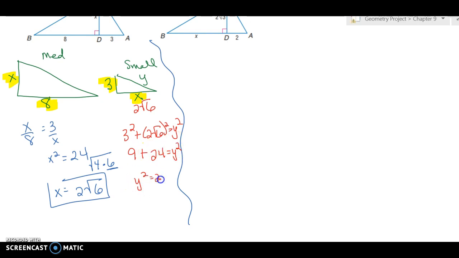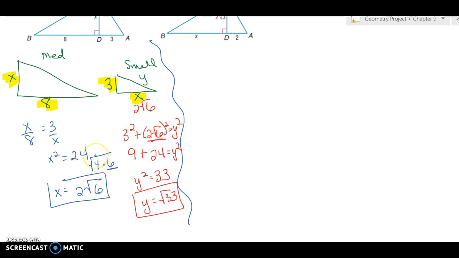So y squared is 33. So y is the square root of 33. And the reason I know that 24, this gave me 24, is because to get rid of a square root, you square it. So I'm just squaring this thing, and so it's going to get me back to 24.